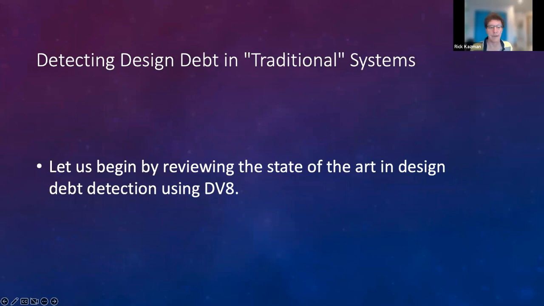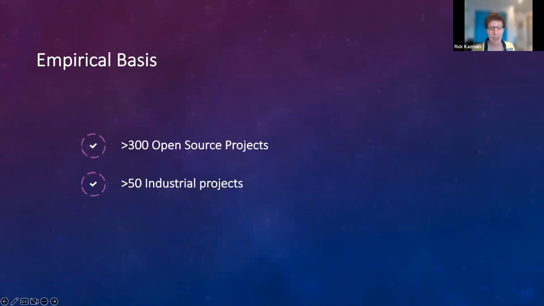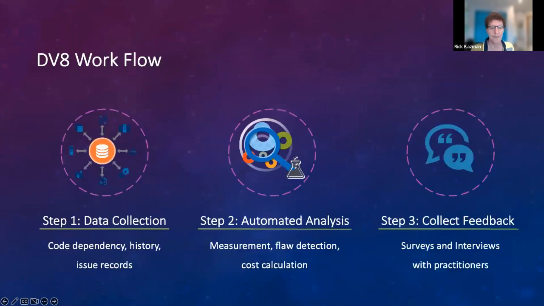So let's look at the state of the art in design detection. And I'm going to be talking about the tool that has emerged from my research, which is called Deviate. Actually, I need to update this slide. The empirical basis is now more than 500 open source projects and close to 100 industrial projects that we've analyzed.